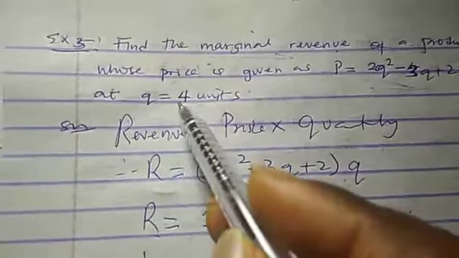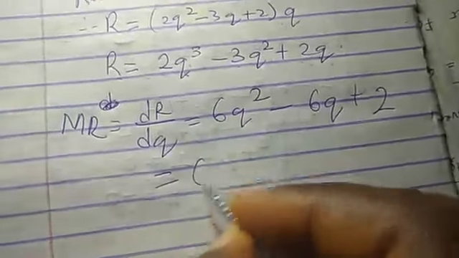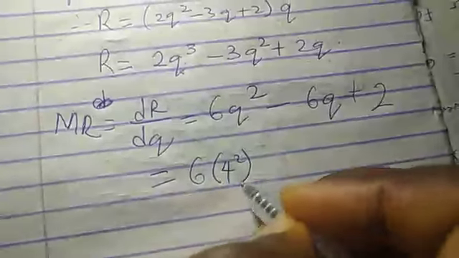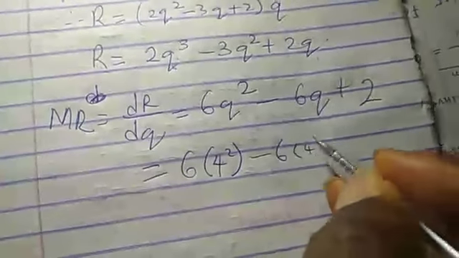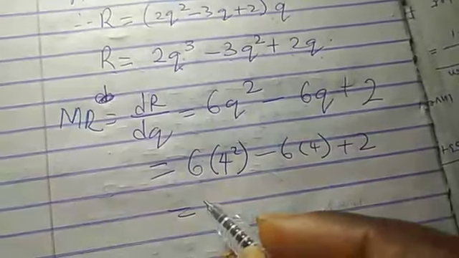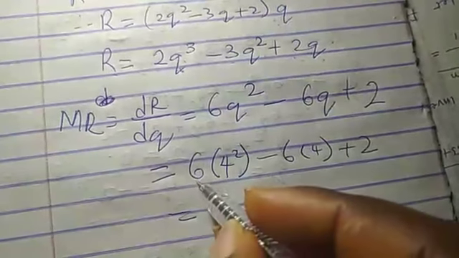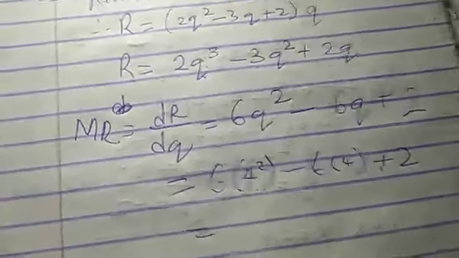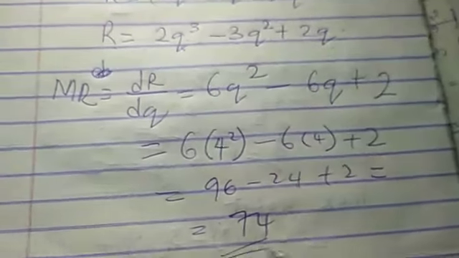But we are told that q is equal to 4. Anywhere I see q, I put 4. This will be 6 into 4 square minus 6 into 4 plus 2. 4 square is 16, so everything will give me 74. So 74 is the answer.